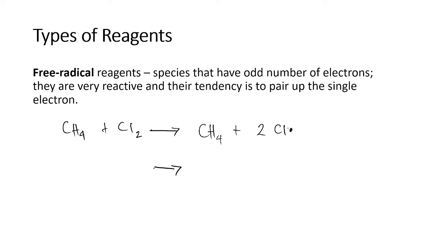Therefore, it will be looking for a single electron, and due to that, we will have here our CH3 that is also a free radical, and our hydrogen, which has an odd electron, as you may remember. Odd electron, not pair, and our two chlorine free radicals. Therefore, we will have here CH3Cl plus our HCl. Okay?